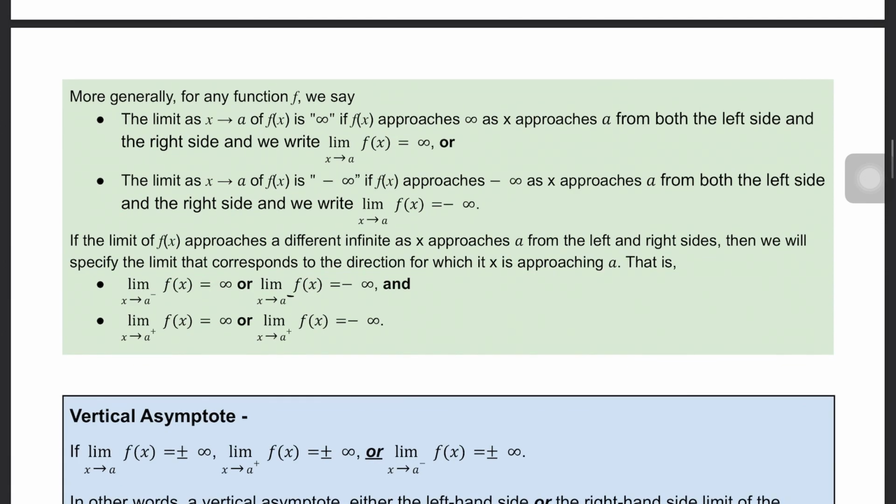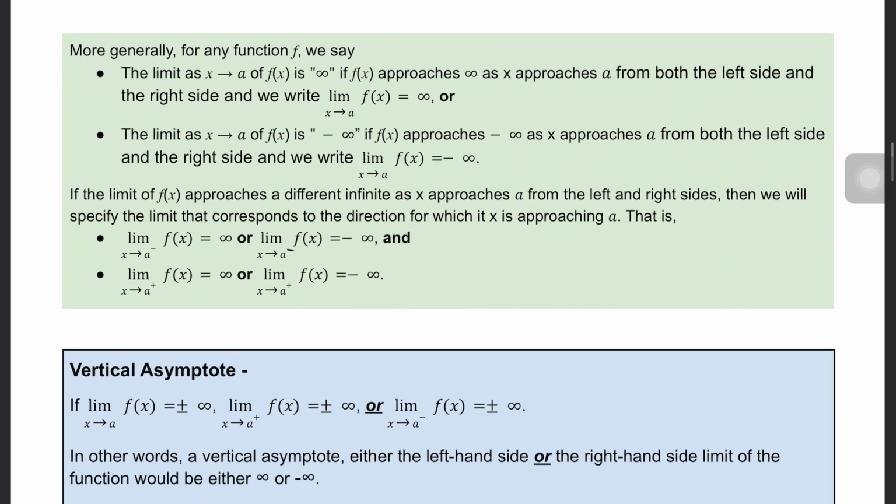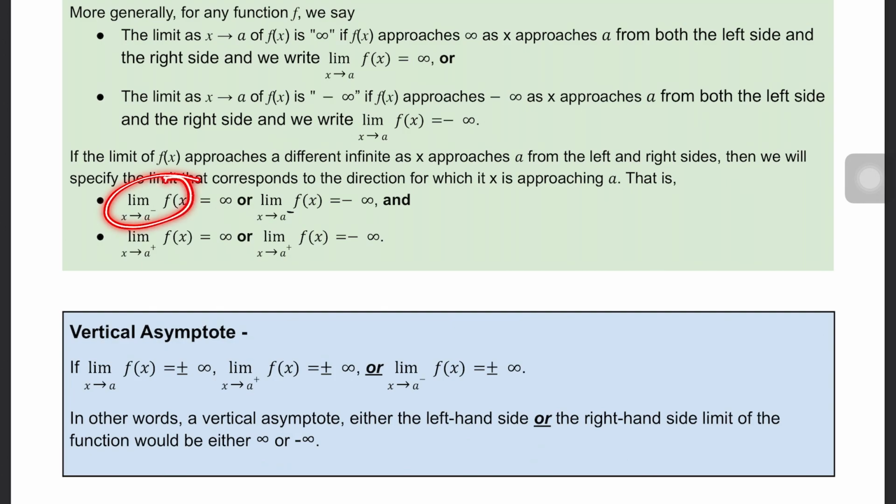For example, if you're coming from the left side and that goes to positive infinity, and from the right side it approaches negative infinity, then we have to specify which direction the limit is coming from. We're going to use either this combination with that combination, or this combination with that combination.